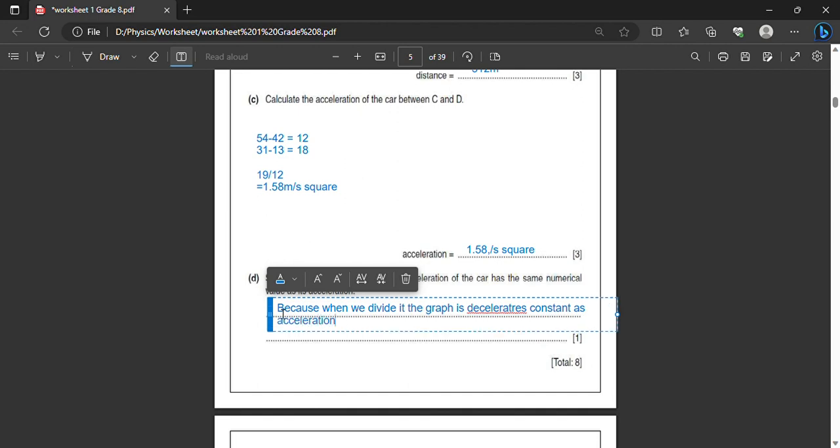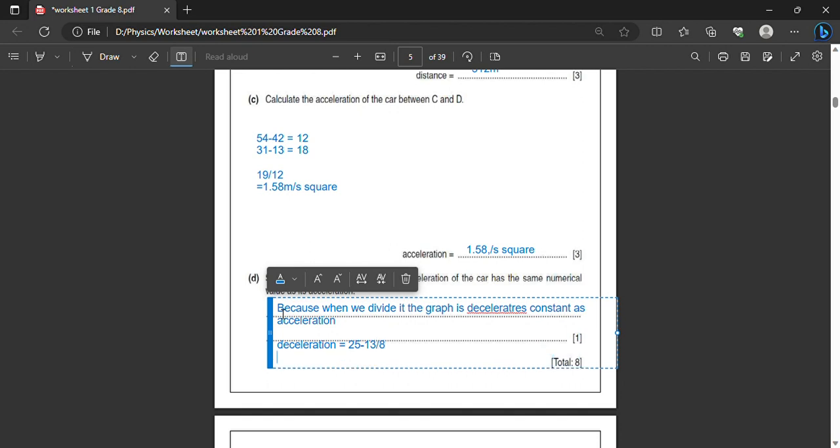If you don't understand this, then you can write this by the side. Deceleration equals 25 minus 13, all over 8.